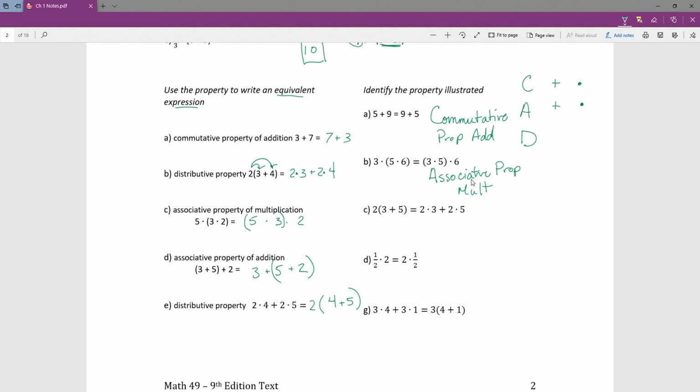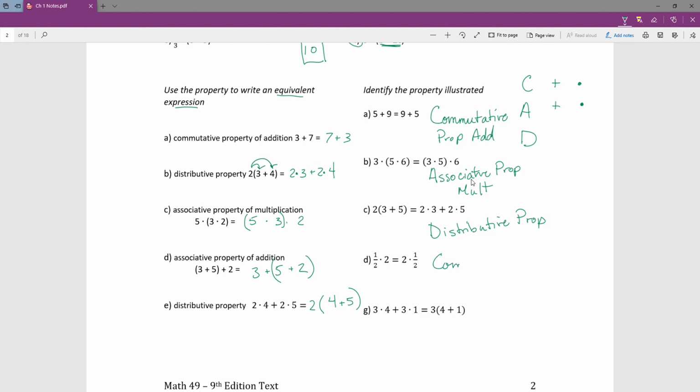C, I see brackets again, but I do have a mix of operations. I have multiplication and addition. This one is the distributive property. And it's not like the other two where it's addition or multiplication, it's just the distributive property. D, nothing has changed but the order of these things. So that was them moving around or commuting, changing location.